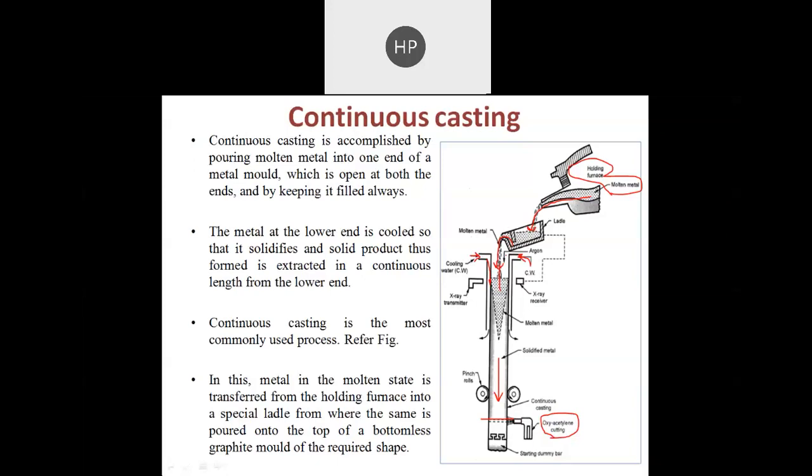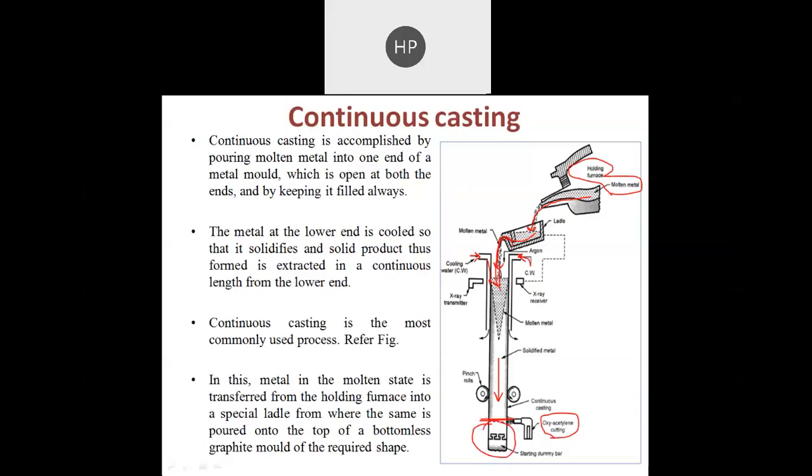In that case, the molten metal will be poured, and as it is poured over here, it will be cooled, and due to that cooling action, it will take that shape, and after a certain length it will be cut over here. So this is the product, the long product.